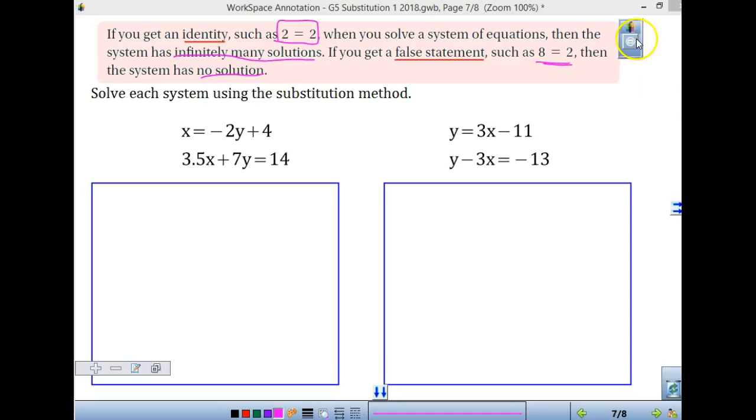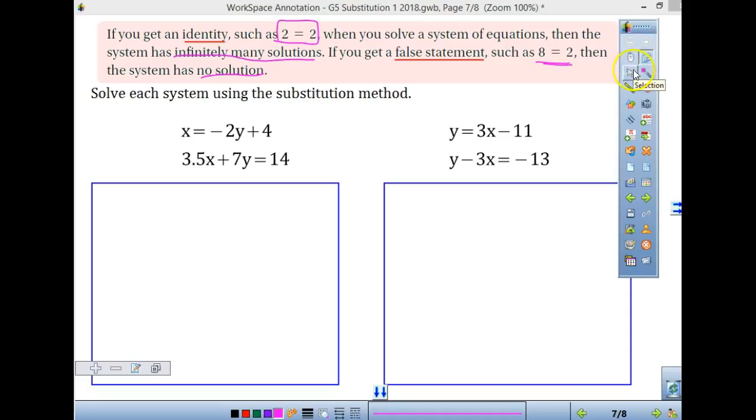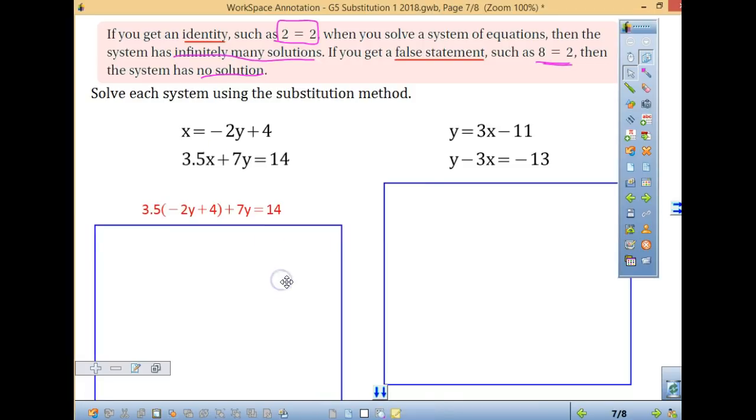So tonight as we are taking a look at this, we are going to start with doing our substitution. And as we do that, we are going to replace, we know x equals, and in this case we know y equals. So in this first one, we're going to replace our x equals. We're going to put 3.5, but instead of x, we put it in a parenthesis. Again, you are going to distribute. And as you do the distributive property here, you're taking 3.5 times negative 2 and then 3.5 times 4.